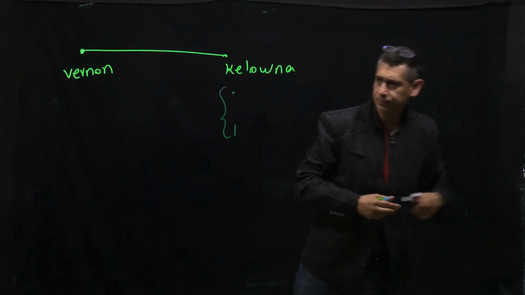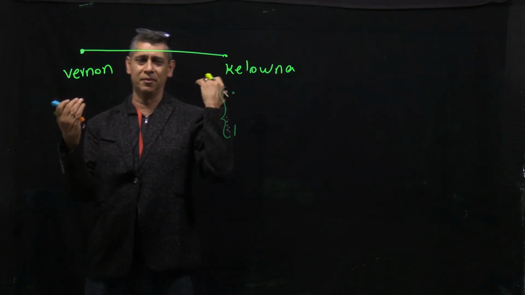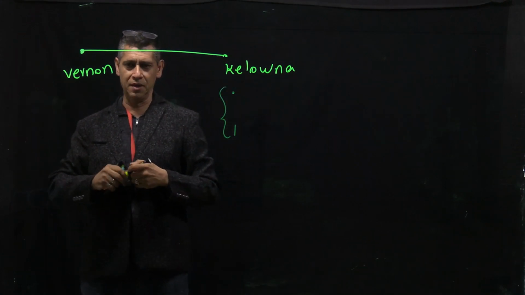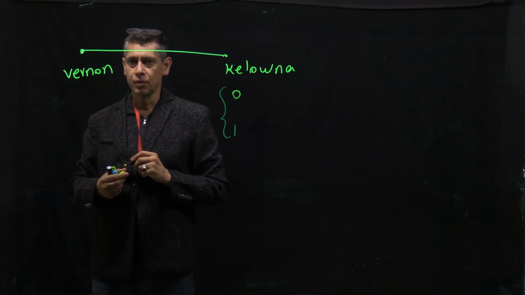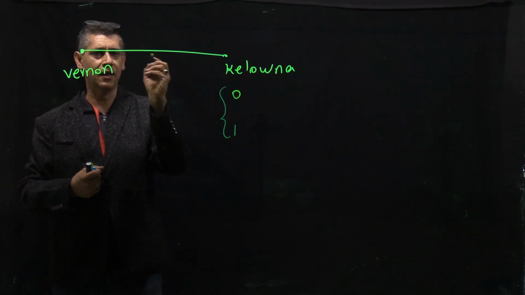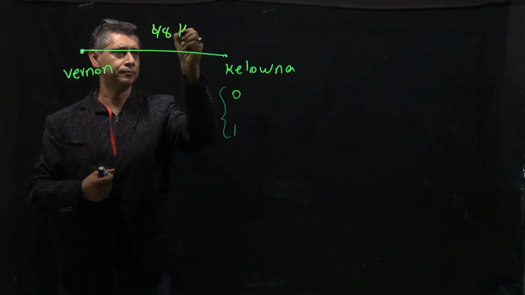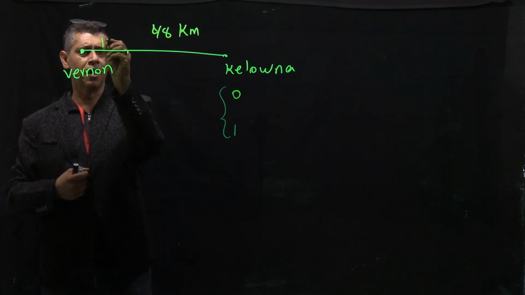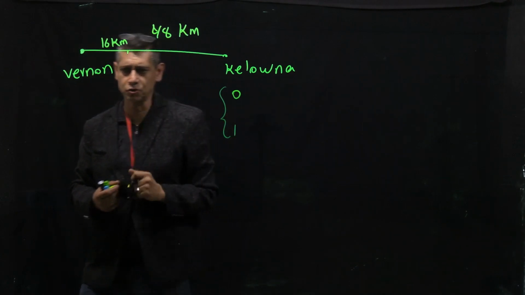So someone calls you from Kelowna and asks, where are you? Well, I'm at home in Vernon. I haven't even started. I will call you later. Then you travel, and imagine the total distance is 48 kilometers. You go and travel 16 kilometers, one third, and the person calls you again.